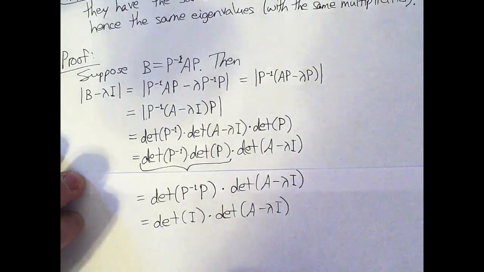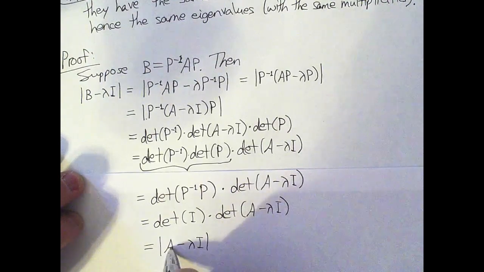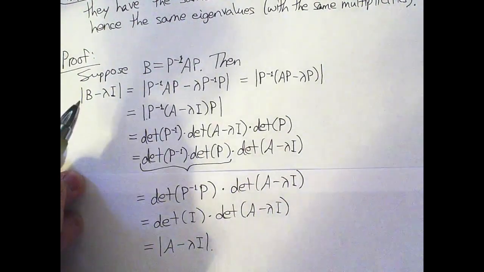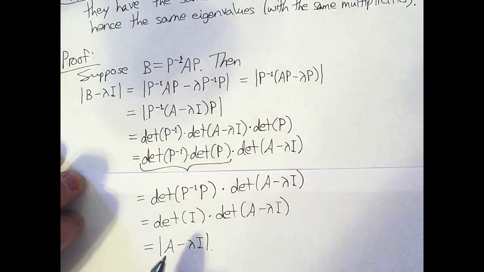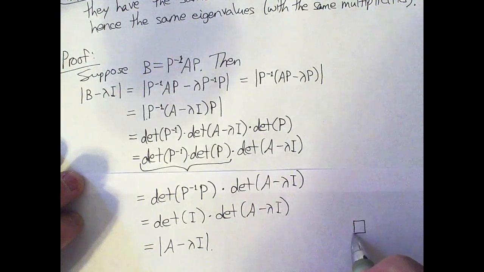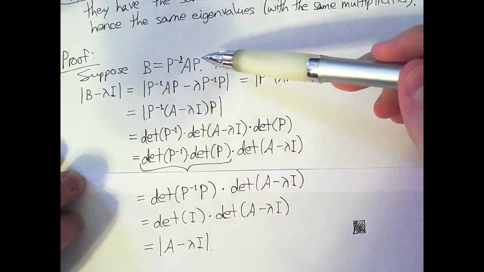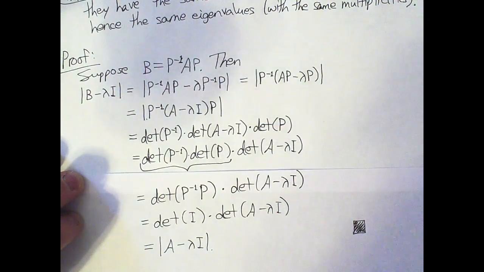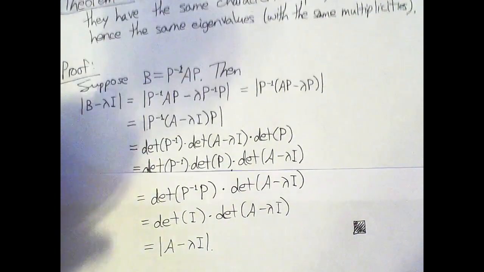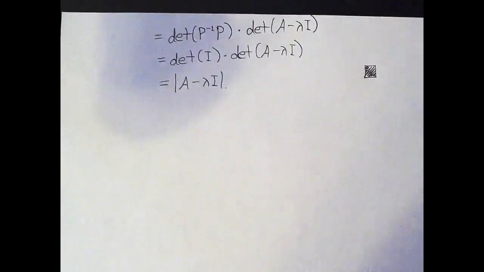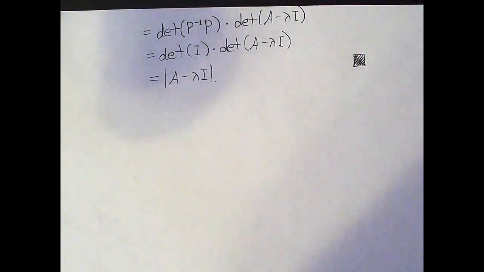So these are all 1s, and this entire thing equals the determinant of A minus lambda I. So what we have shown is that the characteristic polynomial of B is equal to the characteristic polynomial of A. So we proved it. And we did this by using the fact that they were similar and this property of determinants. So that's pretty cool. If two matrices are similar, they have the same characteristic polynomial and the same eigenvalues.